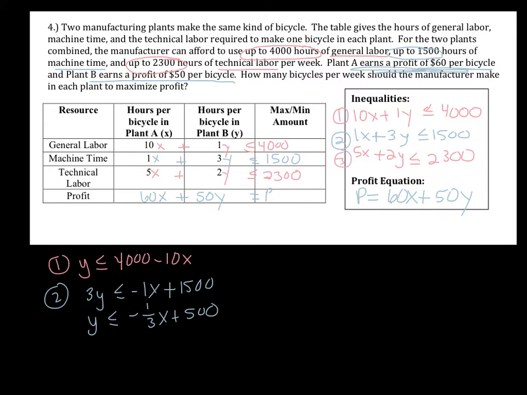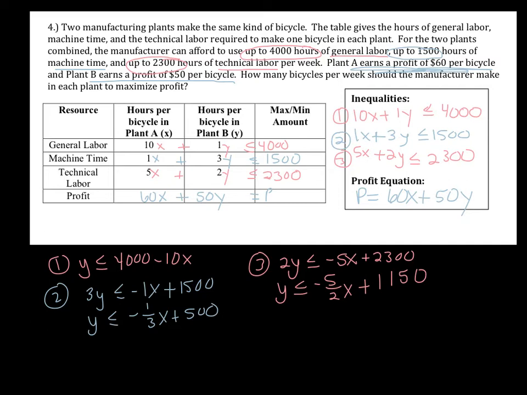And then my third inequality, subtract the x's to the other side. Divide everything by 2. And there are my 3 inequalities in slope-intercept form.